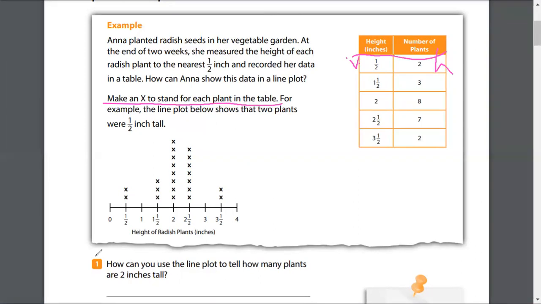The way that they get that is first they look at the table. Our first value here is 1/2 inch, and they know that 2 plants are a half inch tall, so they came over here and they made 2 X's. If you guys were supposed to make a line plot, this is what you would do. So you would go to the next part in the table, 1/2 inch, and then you would make 3 X's. Make sure you ask questions if you don't recall any of this, and we can get further in depth.